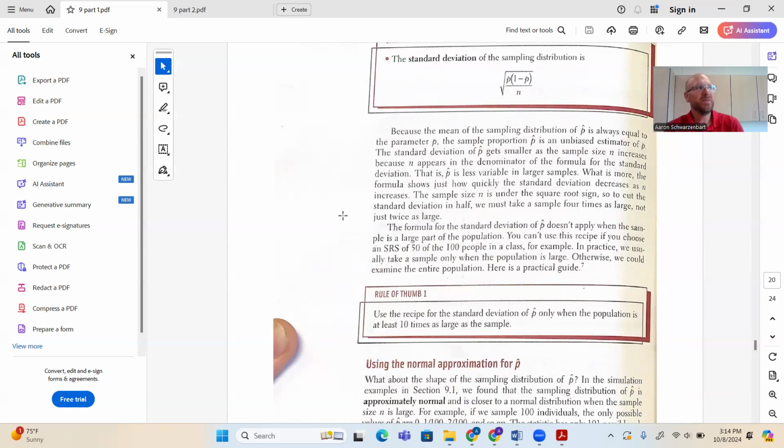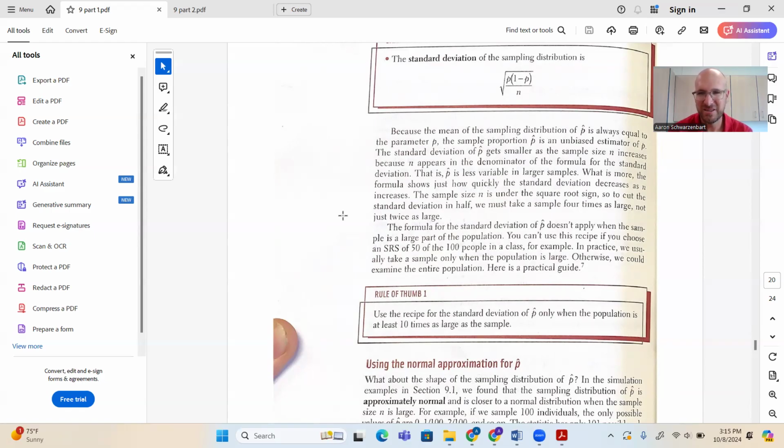So if my population is 80 high school boys at Alturas, I can't use this formula if my sample size is 30. Doesn't work. My sample size would need to be at most 8, or my population size would need to be at least 300 for this to work.